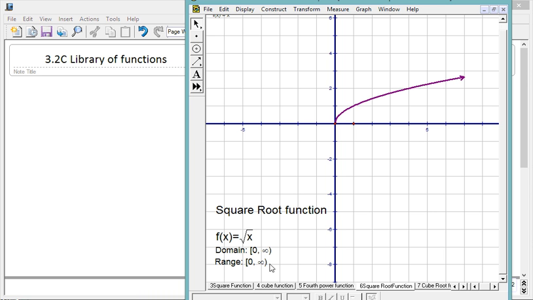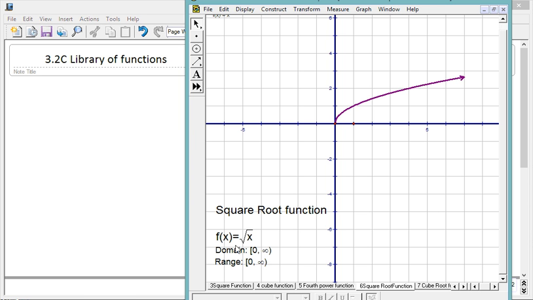The range is also only the positive numbers, because this symbol, remember when we learned about this in the previous classes, that symbol just means it's the positive one. And this is really why we limit that to just the positive one, because otherwise it wouldn't be a function.